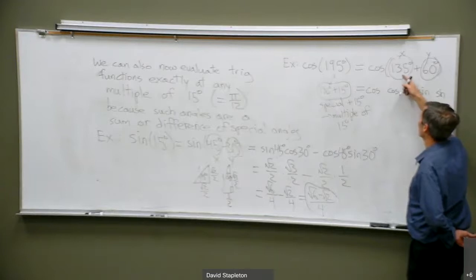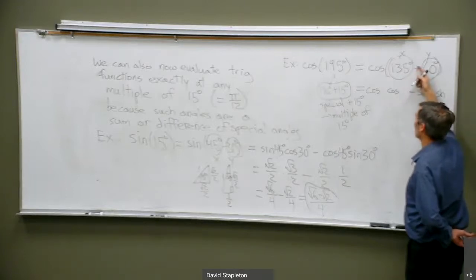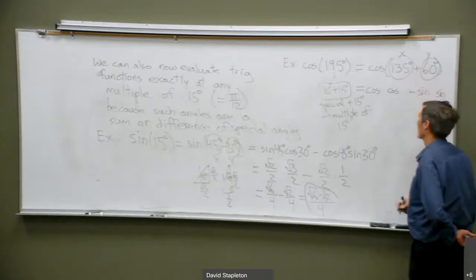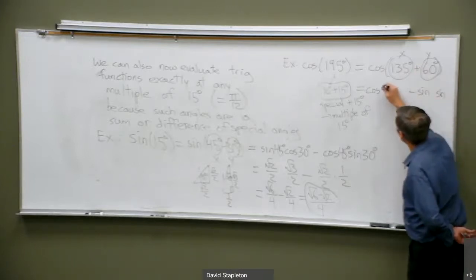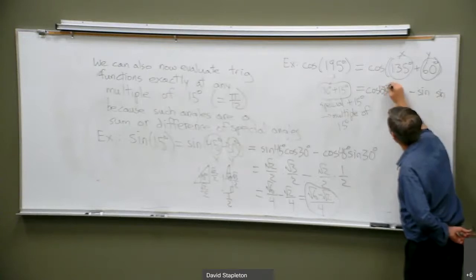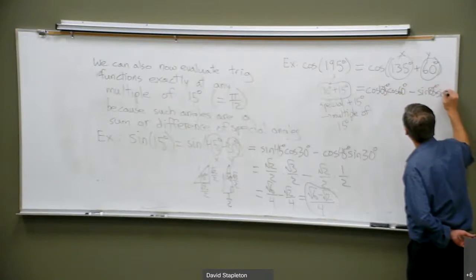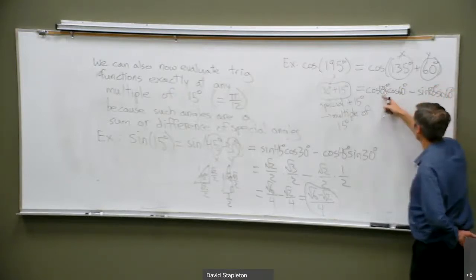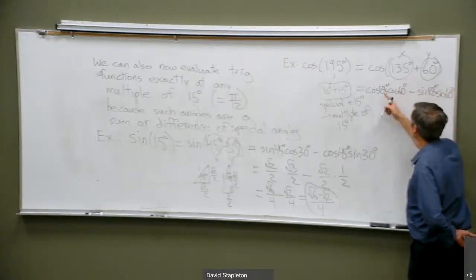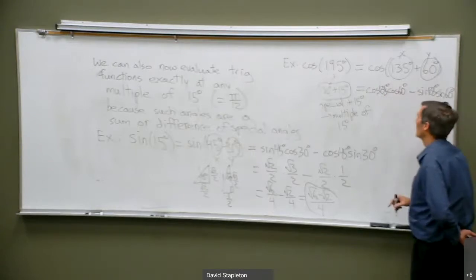For the sine ones, the plus goes with plus and minus with minus, but for the cosine, plus with minus and minus with plus. You remember the identity. All right, so this is cosine of 135, cosine of 60, minus sine of 135, sine of 60. And these identities put the angles in the same order: x, y, right?